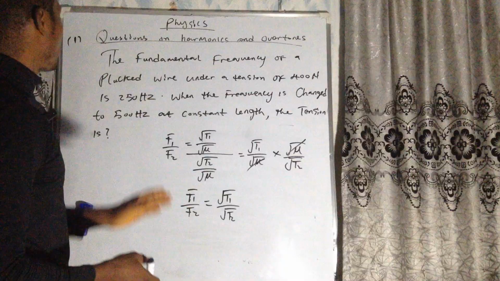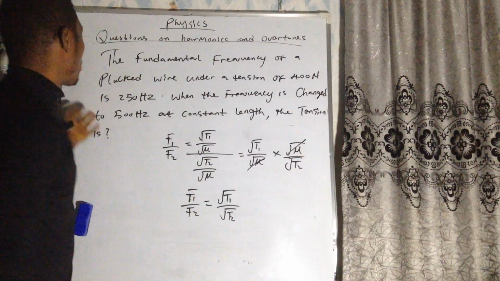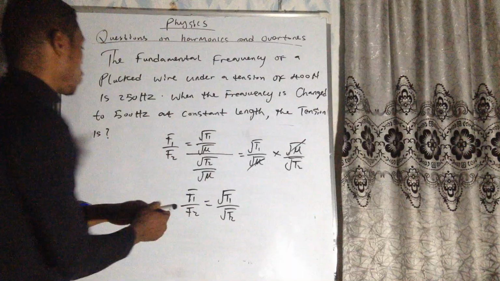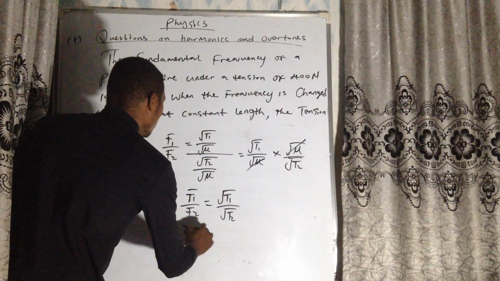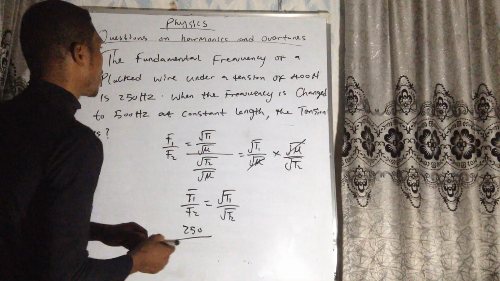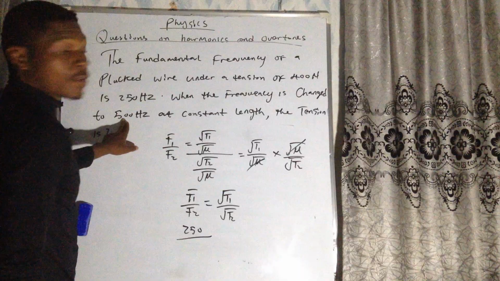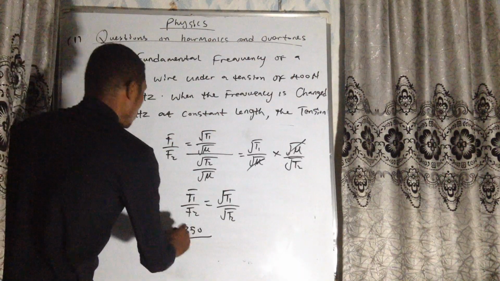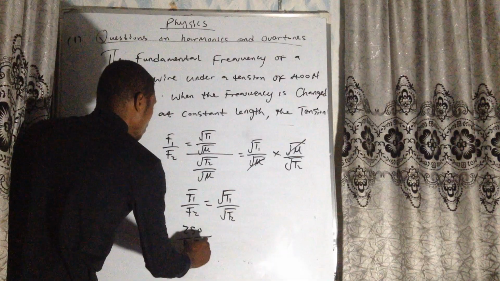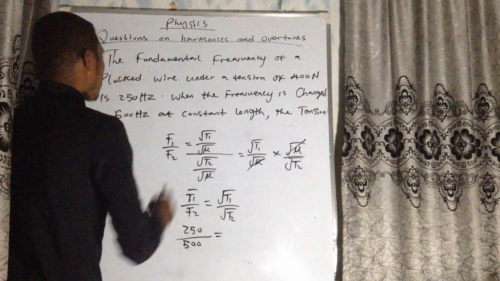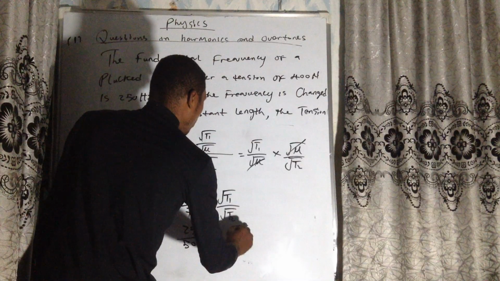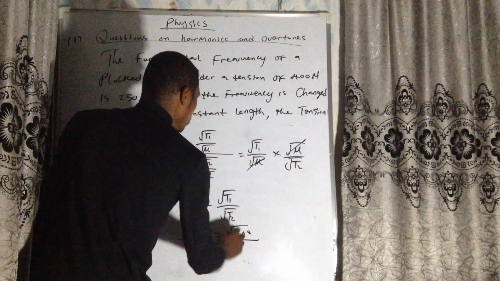Now, with this equation, you can input the values. So F1 is what? 250. We are not looking for F2, they give us F2. It's the tension that we are looking for. So F2 is what? 500 Hz. So 250 over 500 equals root T1, where the first tension T1 is 400, square root of 400, all over root T2.